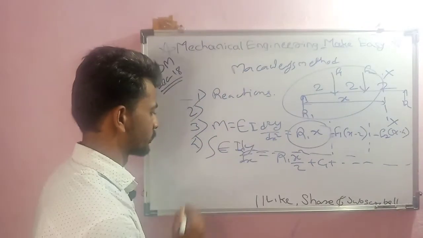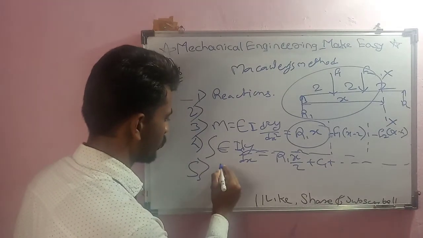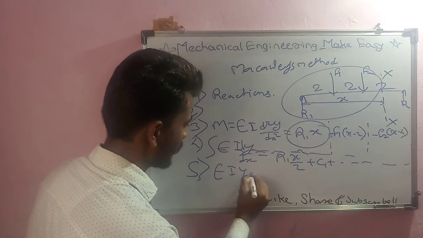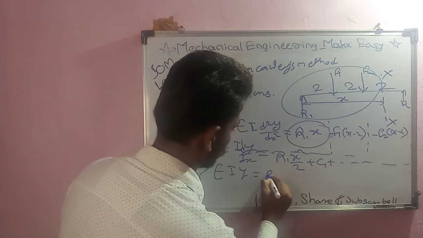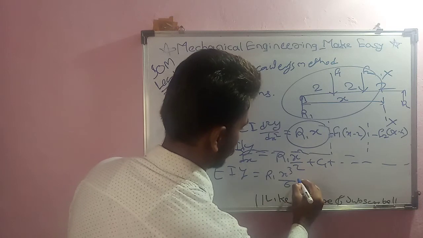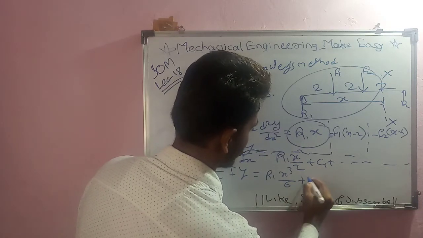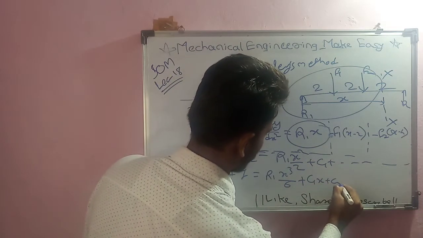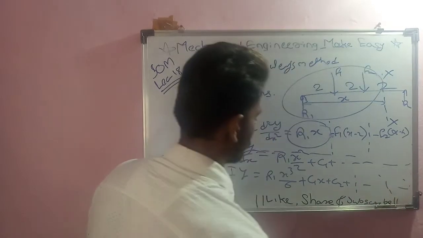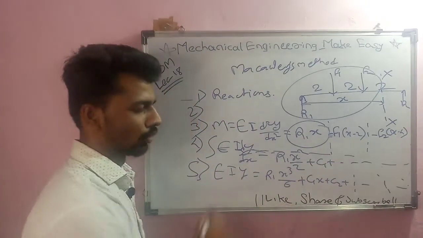This is the fourth step. After that, the fifth step is to integrate this equation again. So we will get EIy, which is equal to R1 x cube upon 6 plus C1x plus C2, plus the remaining sections we will write here. Likewise we will develop the equation.